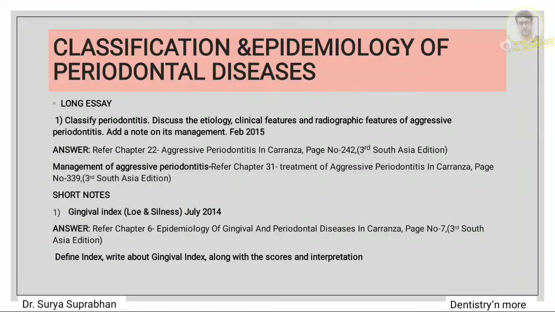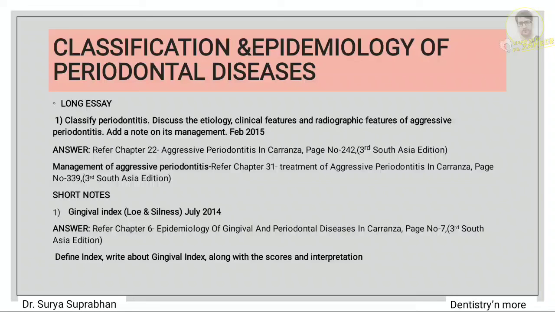Now coming to the classification and epidemiology of periodontal disease. The first question is classify periodontitis and then discuss the etiology, clinical features, radiographic features of aggressive periodontitis and its management. It's a very lengthy answer, so time management is important for this question.